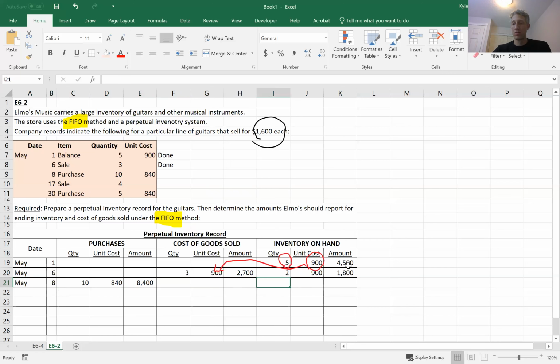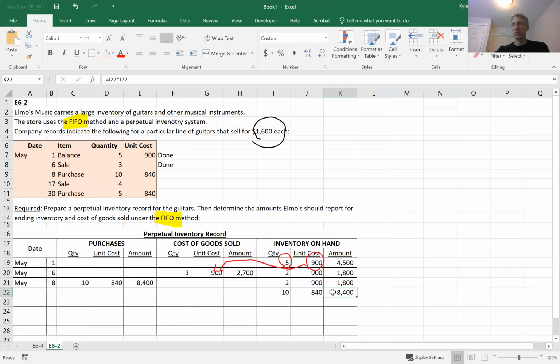Well, before I had 2 units at a unit cost of $900. So of the units I already had, my balance sheet value would be $1,800. But now I just bought 10 additional units. Those 10 units had a unit cost of $840. And now my total of that transaction was $8,400.